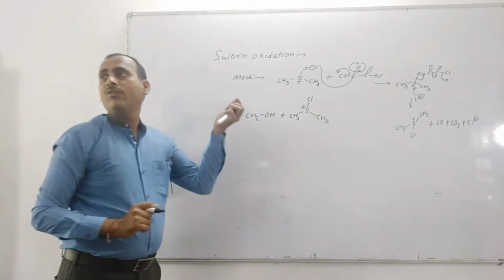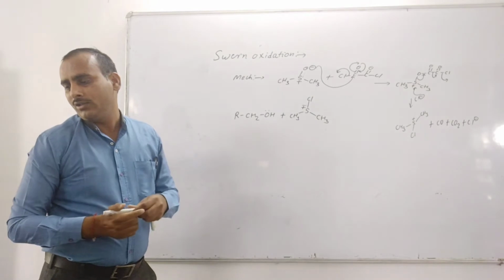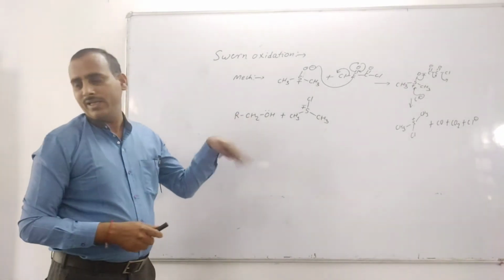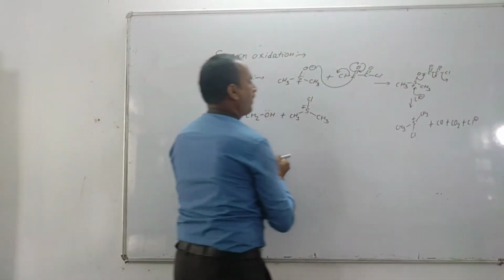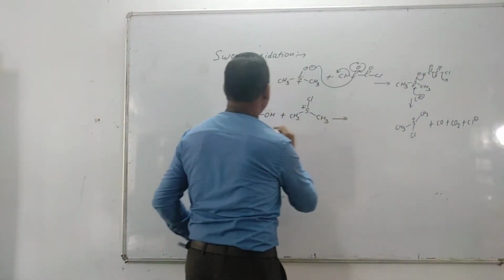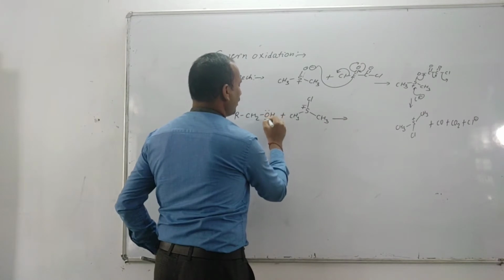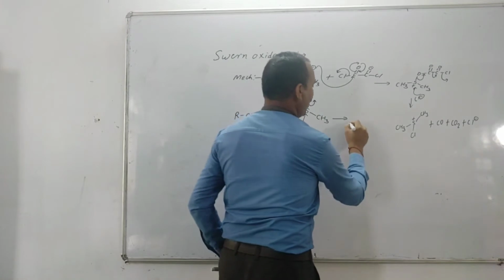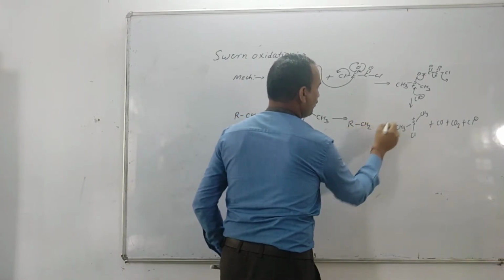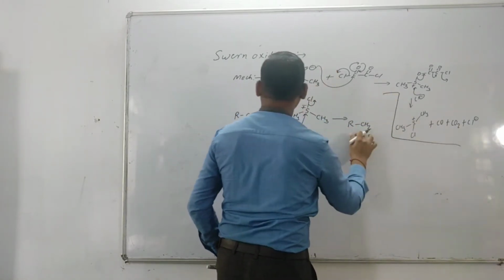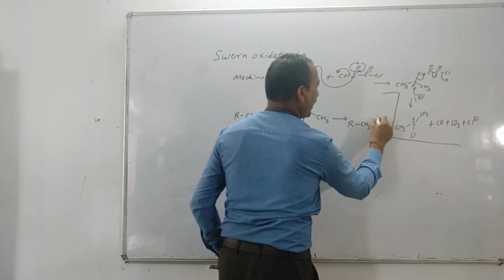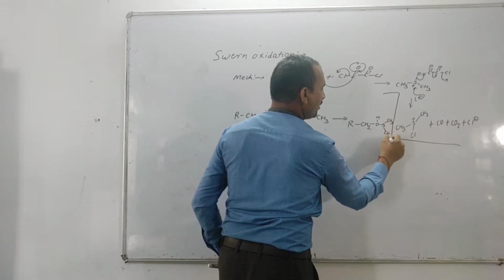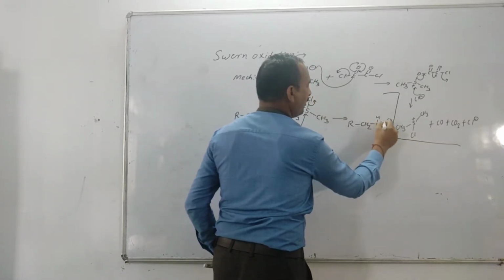This lone pair of oxygen attacks the sulfur, and there is loss of Cl. So there is formation of RCH2 OH S CH3 CH3. Cl minus is eliminated.